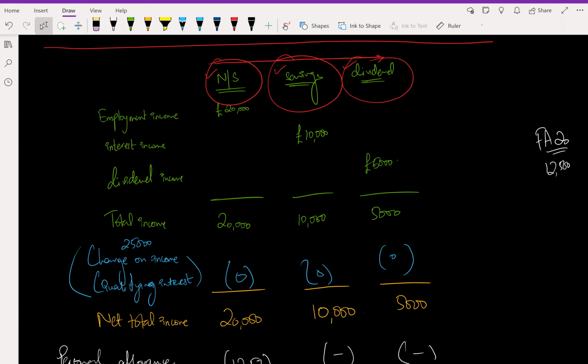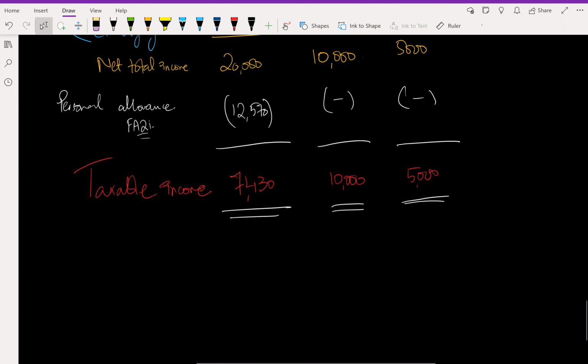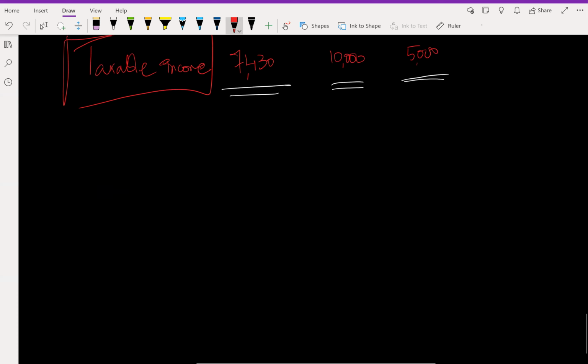In tomorrow's class, whatever working we do today, we're going to apply tax on those numbers tomorrow. Once you get your taxable income, there are no further deductions. It's just the tax that you have to apply now. But I haven't taught you that.